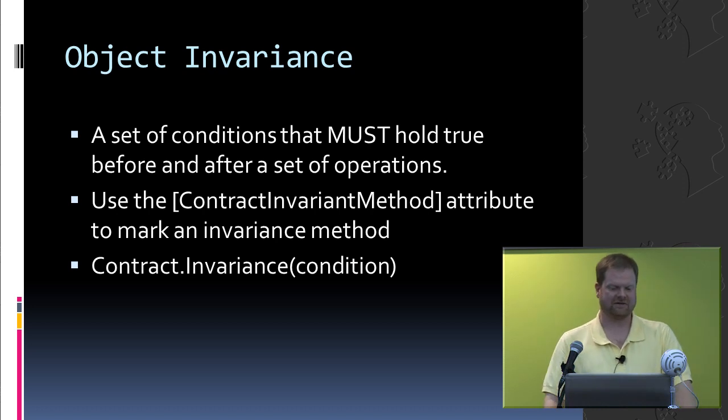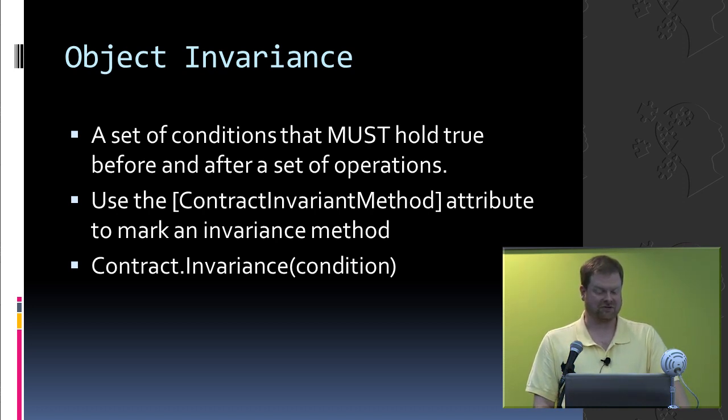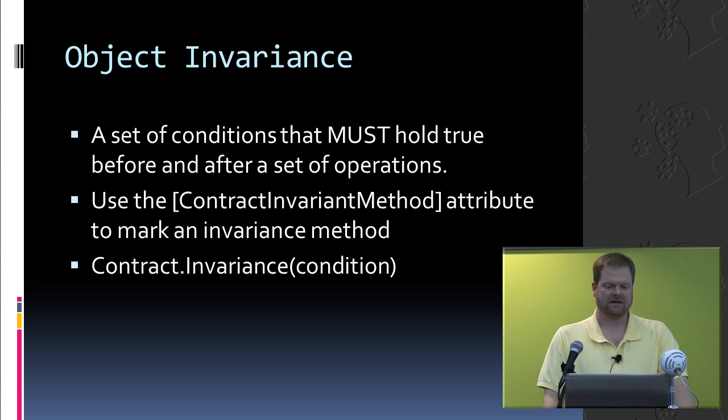Object invariance. This was a topic that, when I got to it in the MSDN articles, I realized I really didn't think a whole lot about when I developed my classes. Object invariance basically defines that after a set of operations, a particular condition in your class will still hold true.